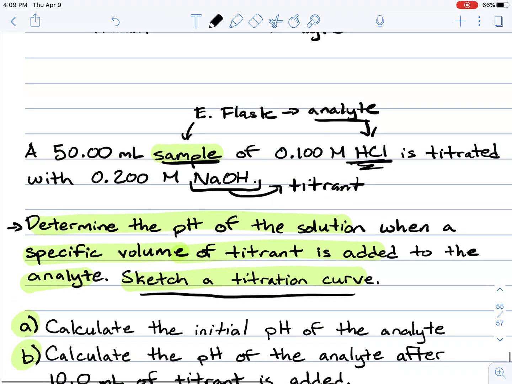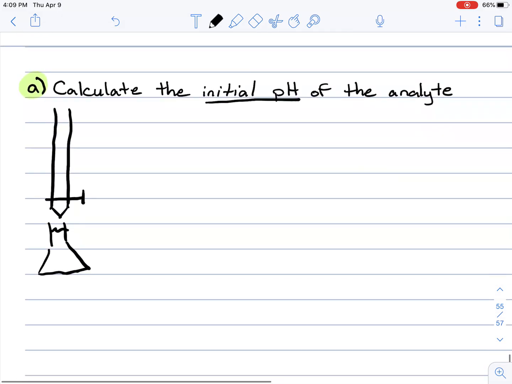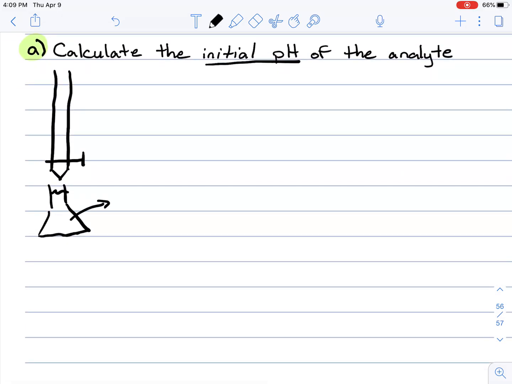Here it says I have a 50 milliliter sample of this concentration of hydrochloric acid. So I already know the concentration of my analyte, and that's 0.100 molar HCl. And I already know my volume, which is 50.0 milliliters.